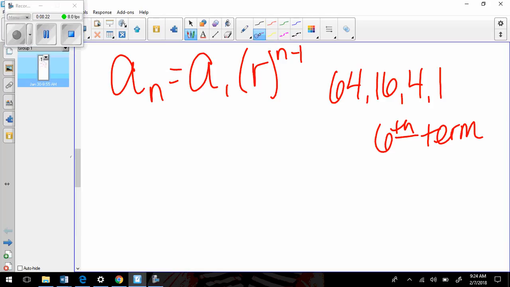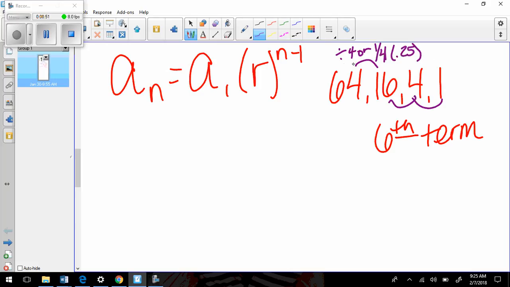What I would first need to do is find the rate. What is happening to 64 to get to 16? Well, I'm dividing by 4, or multiplying by 1/4, which is also 0.25. And 16 to get to 4, I'm doing the same. 4 to get to 1, I am doing the same. So I know that this is my rate.